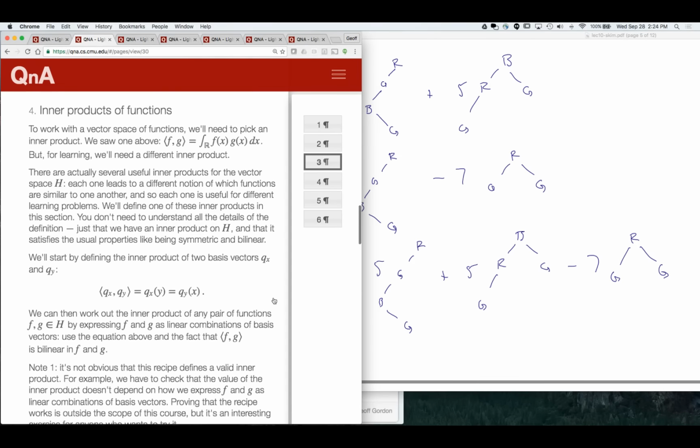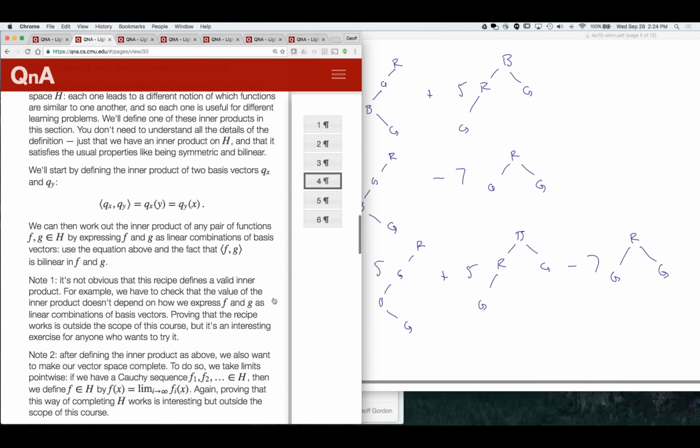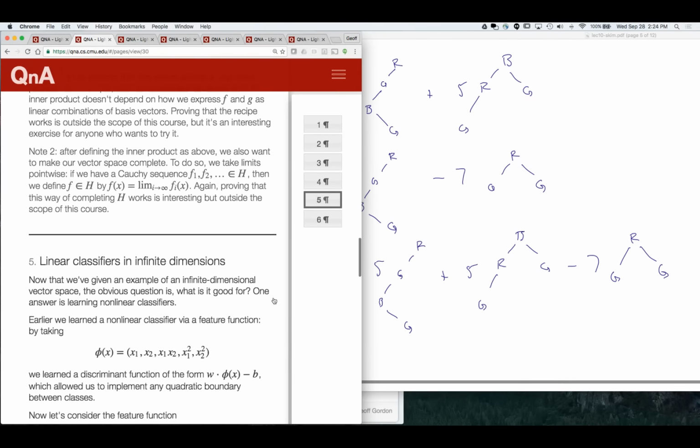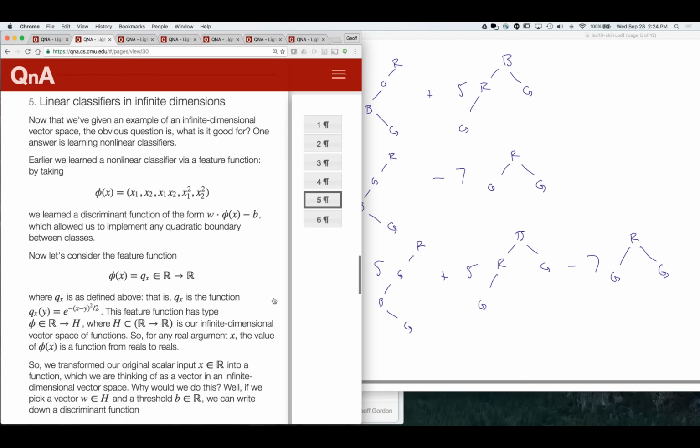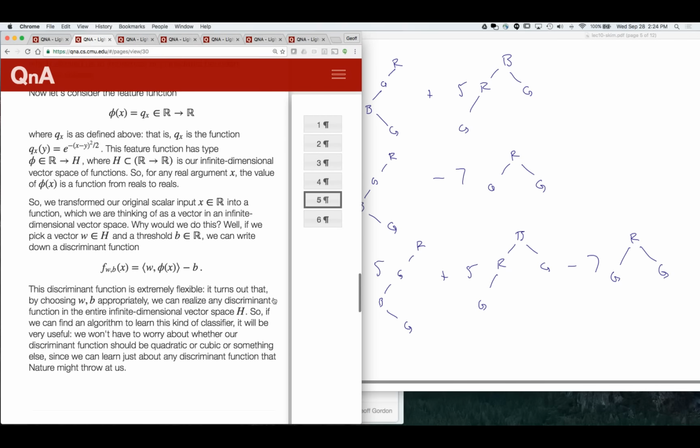We've gone over inner products already. If people have more questions, feel free to ask. But here's our linear classifier in infinite dimensions. We're going to have a classifier of this form. We'll have W, which is itself a vector in our vector space of functions. So W is a whole function.